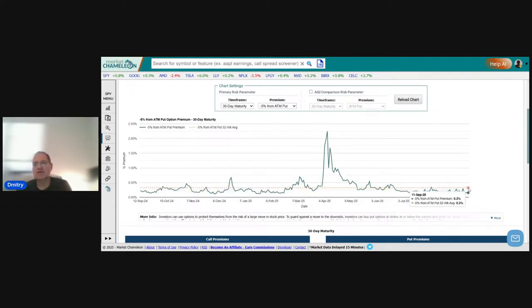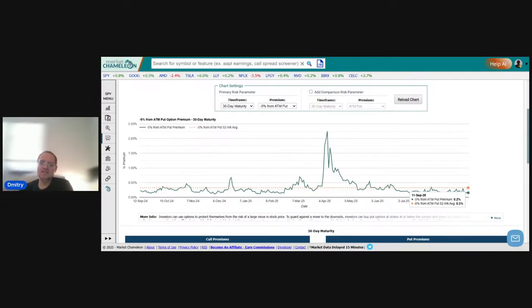But this dotted line helps us measure it based on the average of all the values. This dotted orange line is the average of all the values, which is 0.3%. So we're below the historical average value in the last 1 year. It's looking at 1 year of data, and now we know we're below.